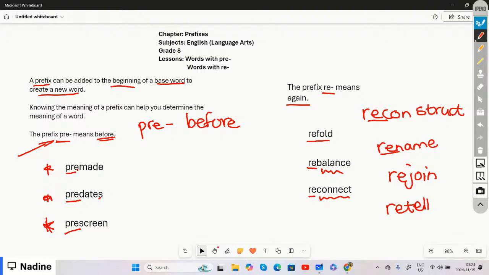So you're basically telling it again. Repaint, especially now that it is almost Christmas, people are repainting their houses to bring about that Christmas cheer. So you're painting again.